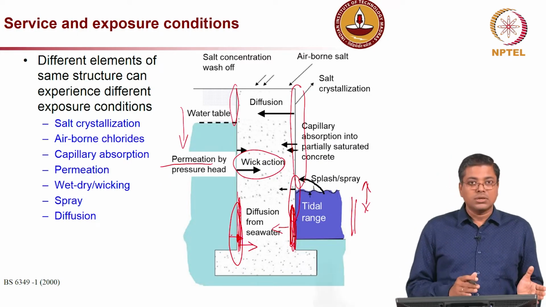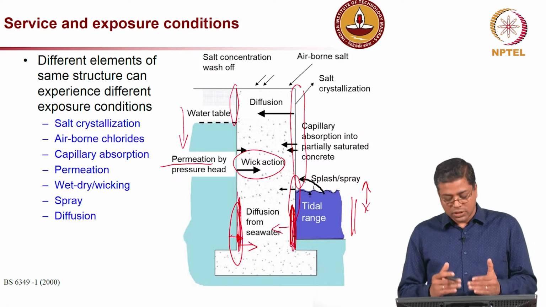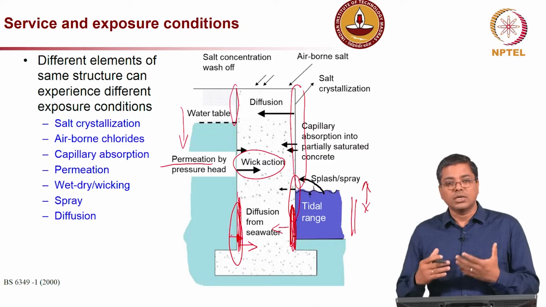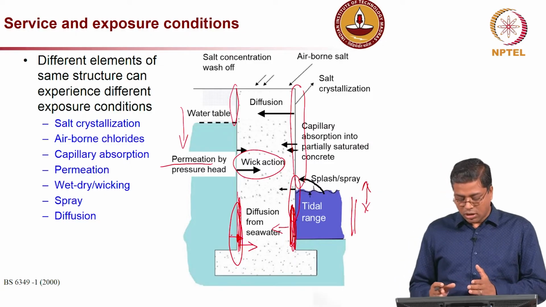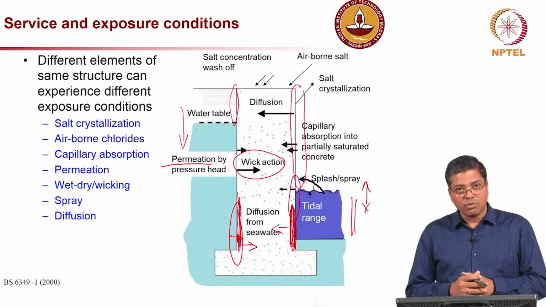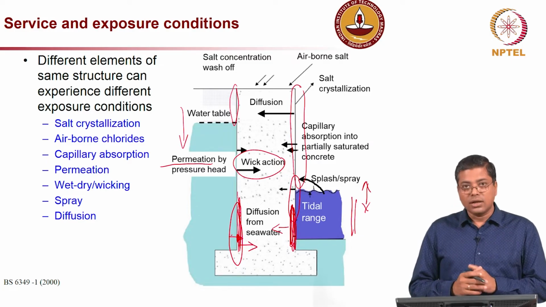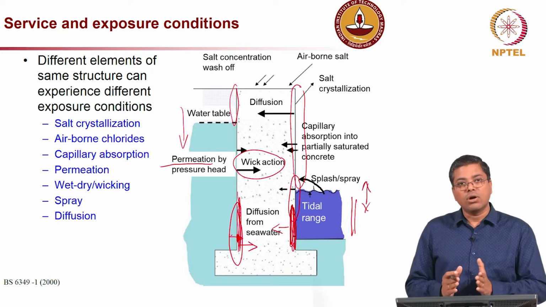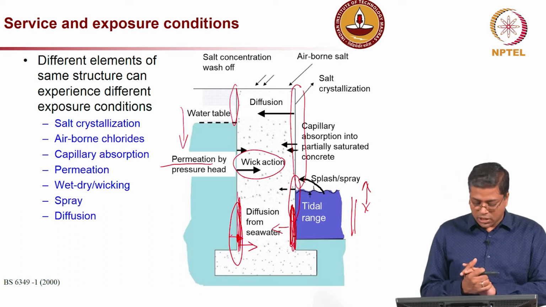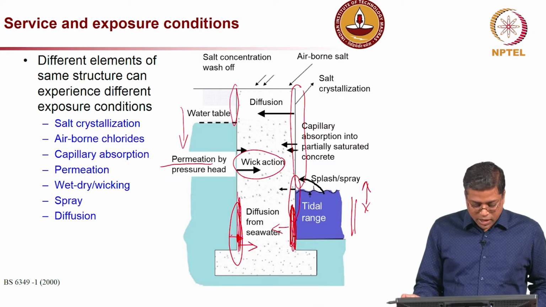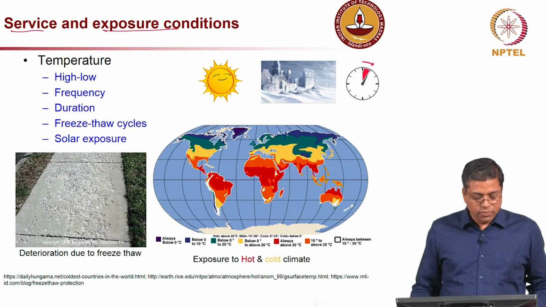If it is experiencing wetting and drying, it is wick action. If it is experiencing continuous immersion, it is a different mechanism: you can have permeation because of the pressure head, and once the chloride gets into the concrete, there is also a diffusion action. All of these have to be considered while evaluating exposure conditions.